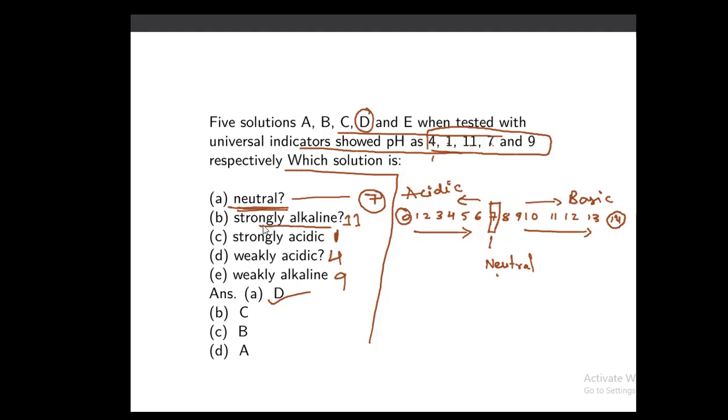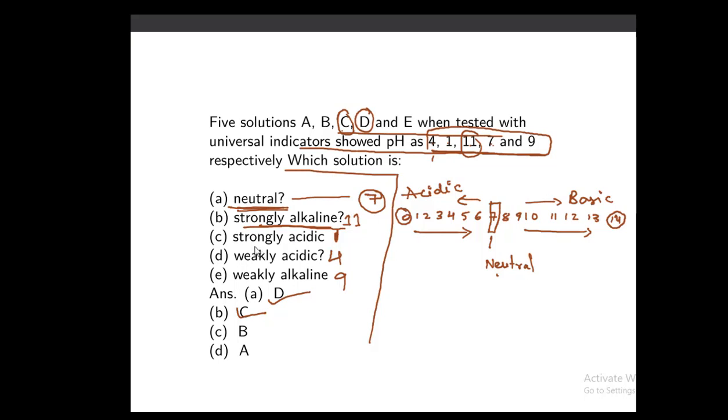Next, strongly alkaline is nothing but basic. Which is the highest number you see in these five numbers? 11. So 11 is in the third place, and the third is C. So the answer is C.